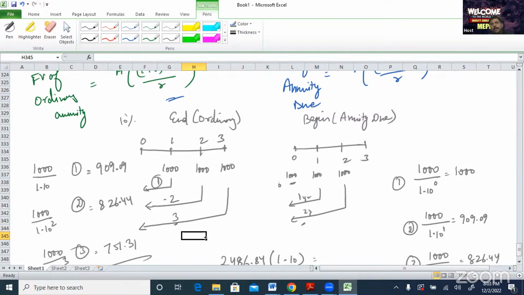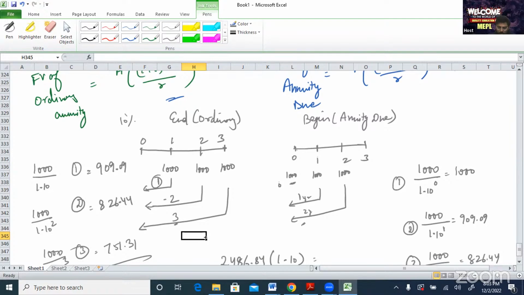So earlier I calculated future value, but now I calculated present value. Okay. In the same manner, so what I know, if I have present value of ordinary annuity, now to reach present value of annuity due, I have to simply compound it for one extra period.